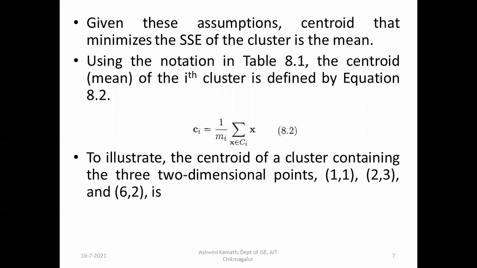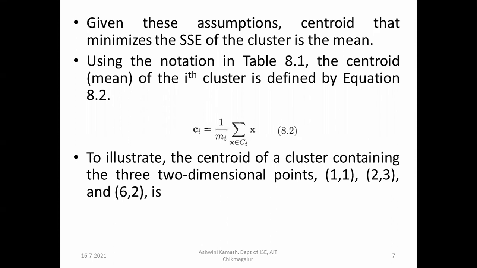To illustrate this, let us consider the two-dimensional points (1, 1), (2, 3), and (6, 2). We have three two-dimensional points. Why is it two-dimensional? Because each point has two values, x and y.